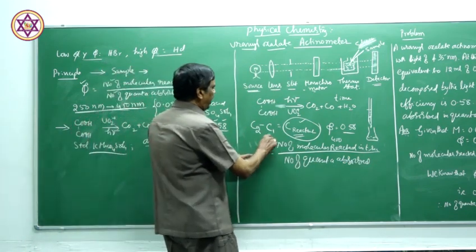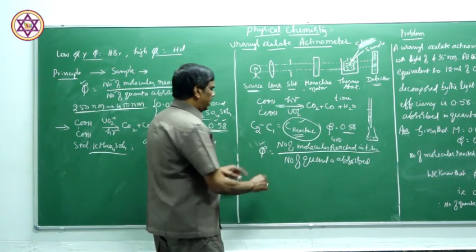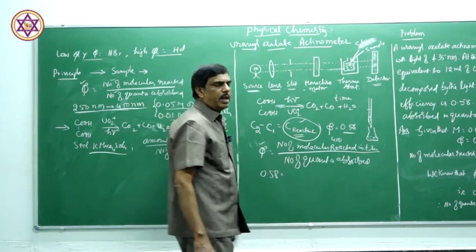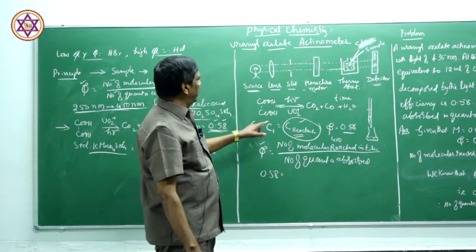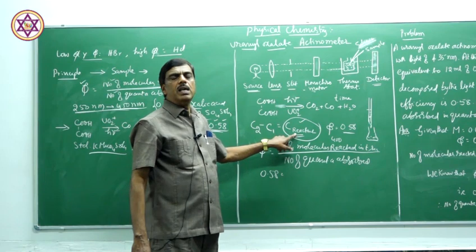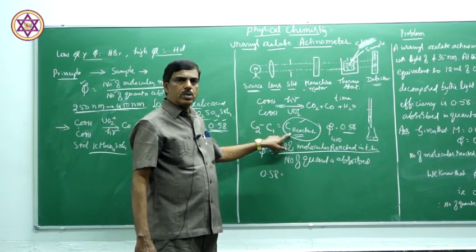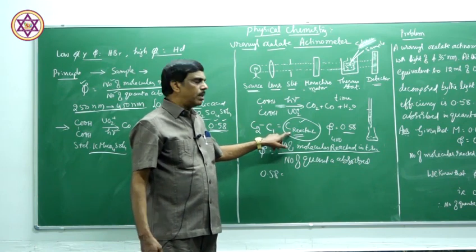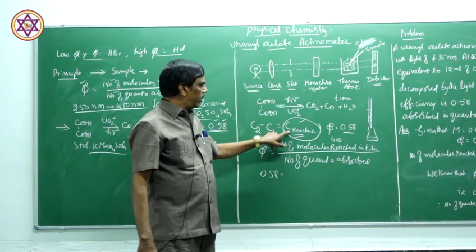Quantum efficiency phi for a standard solution is known, 0.58 for example here, and that is equal to the number of molecules reacted. The number of molecules can be found from the concentration of the reactant, which is known. You convert that into the number of molecules by multiplying by its molarity and Avogadro number.